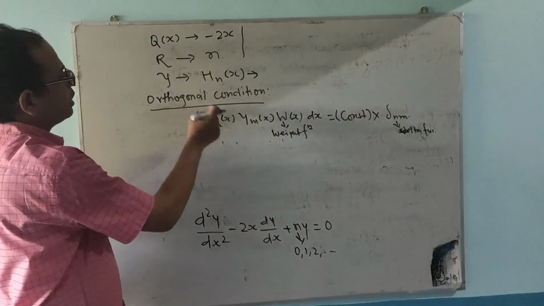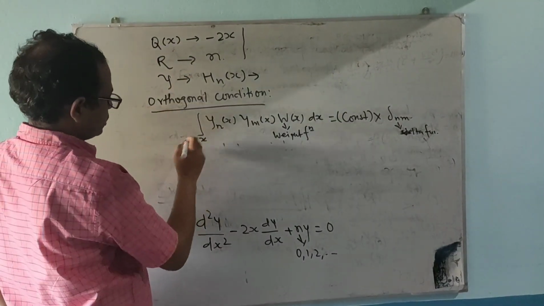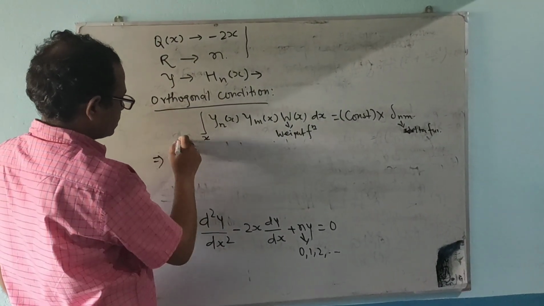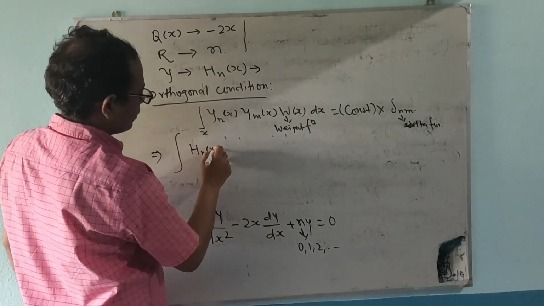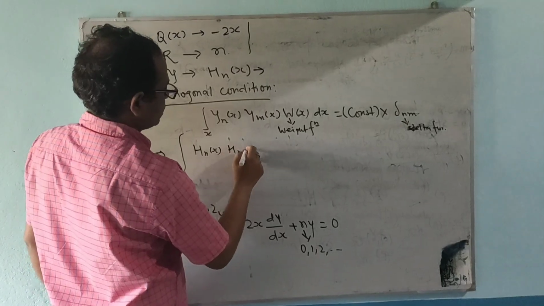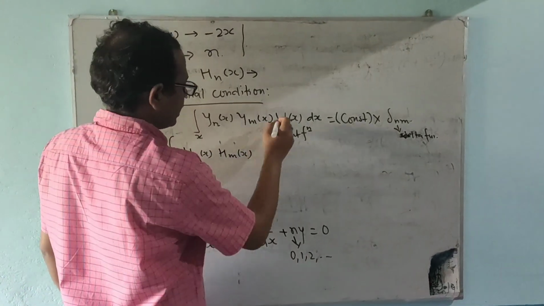In the case of the Hermite polynomial, this becomes yn, H of nx, H of mx, and w.